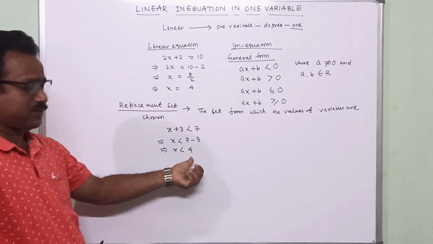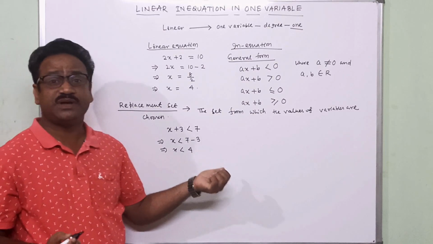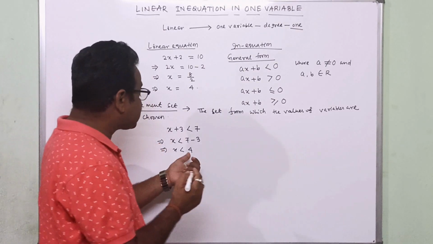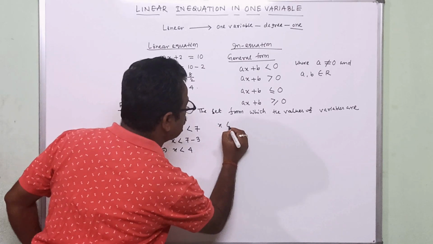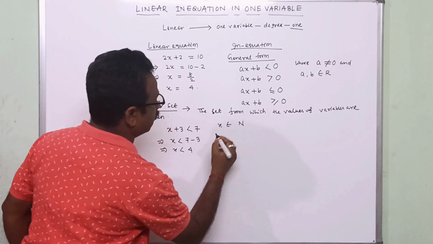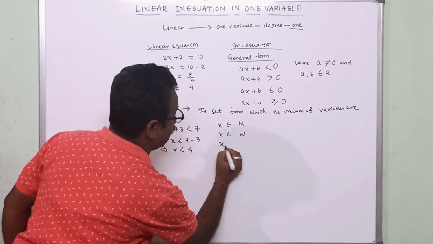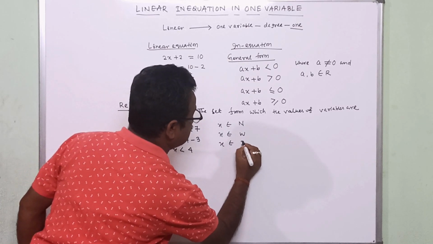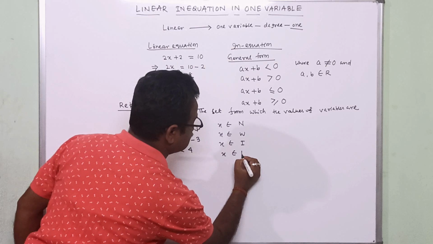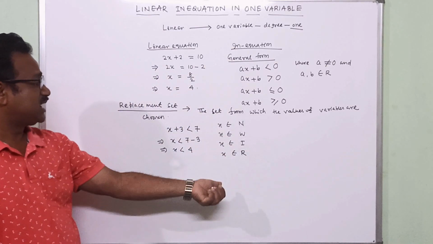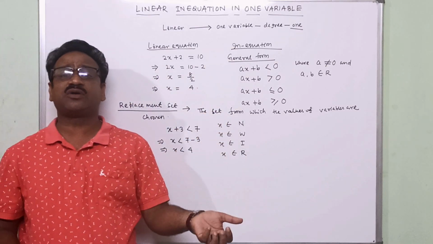But there should be one set. What set? x belongs to, let's say, natural numbers, or x belongs to the set of whole numbers, or x belongs to the set of integers, or x belongs to the set of real numbers. It must belong to any one of the sets.